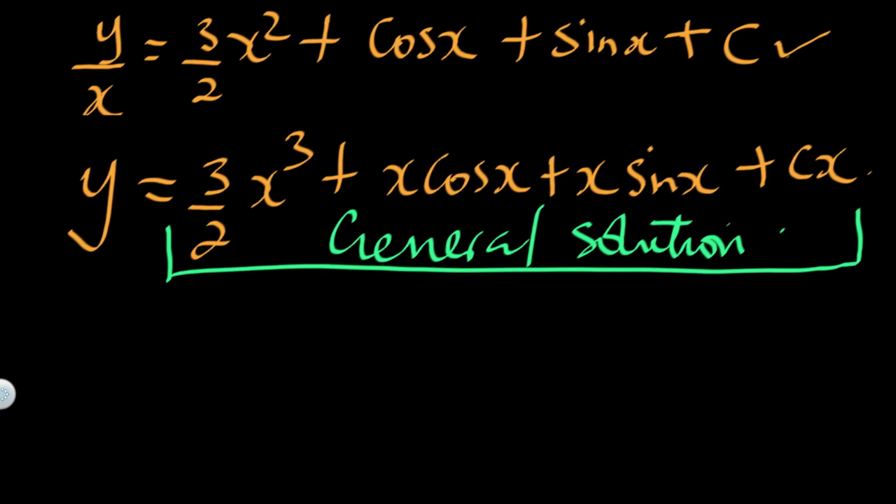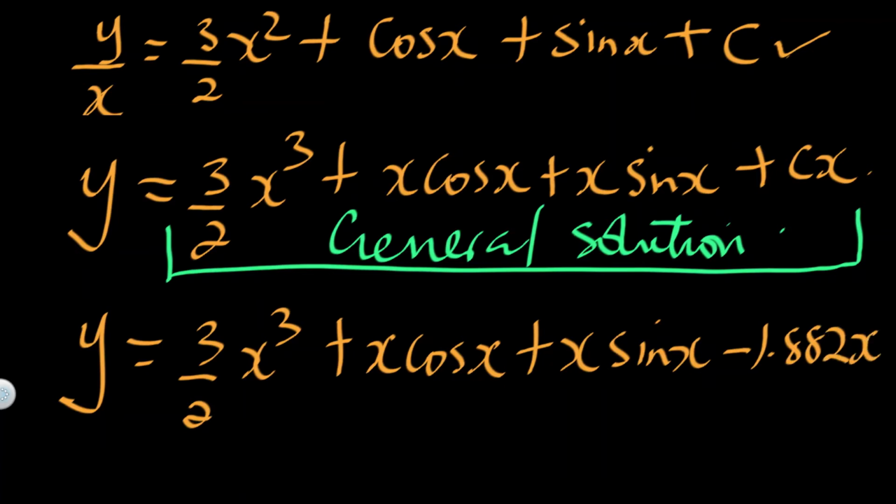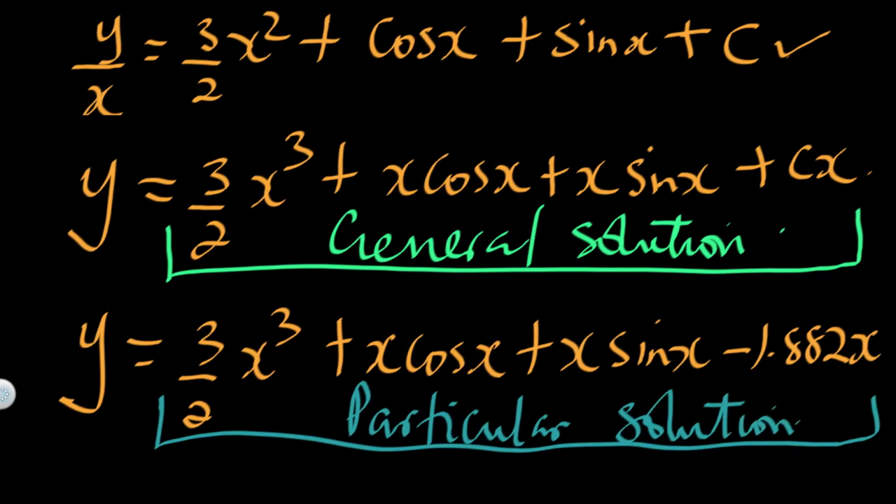The particular solution which they said we should find is simply y equals to 3 over 2 x cubed plus x cos x plus x sine x plus cx, which is minus 1.882x. What I have here is the particular solution. We call this the particular solution.